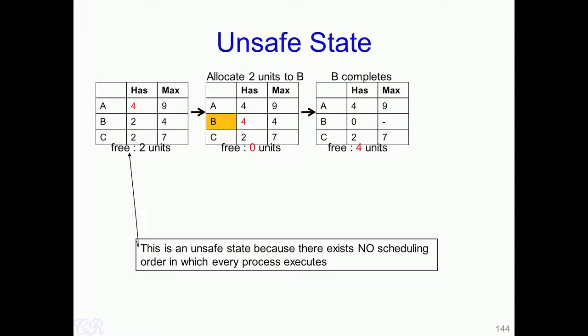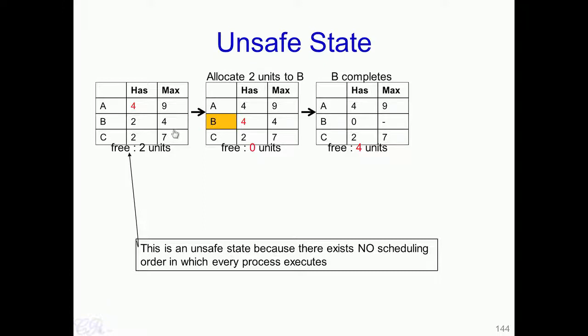Now, let us look at another example where the state we start with is that A has 4 units with it, B has 2 and C has 2. So, a total of 8 units are present with A, B and C respectively, and the number of free units is 2, and the maximum credit limits of each client is as before 9, 4 and 7 respectively.